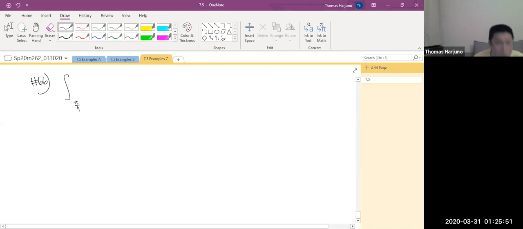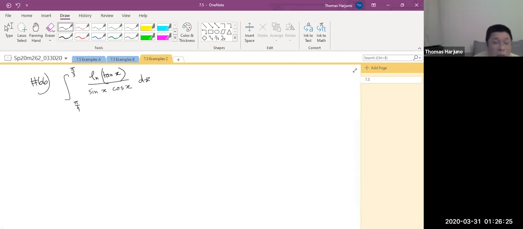The integral from pi over 4 to pi over 3 of natural log of tangent x, this is a parenthesis, over sine x cosine x. Okay. Any plan?